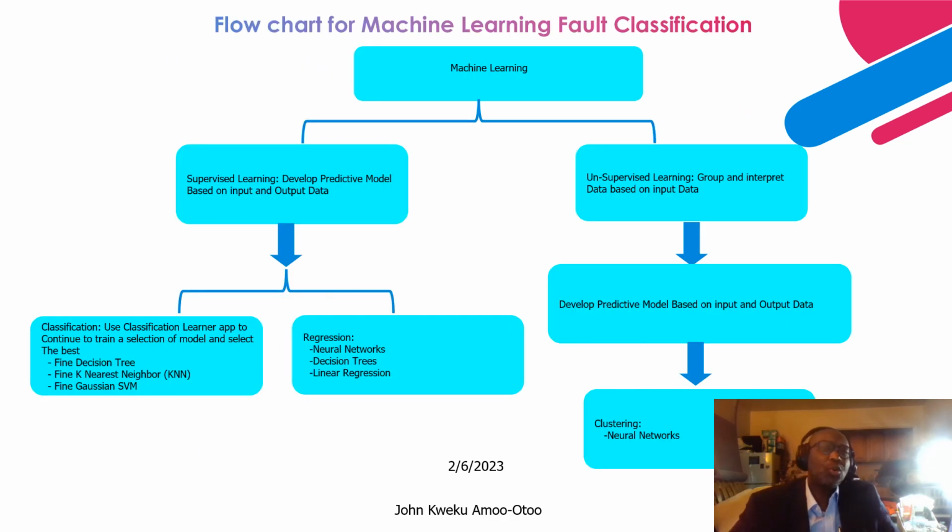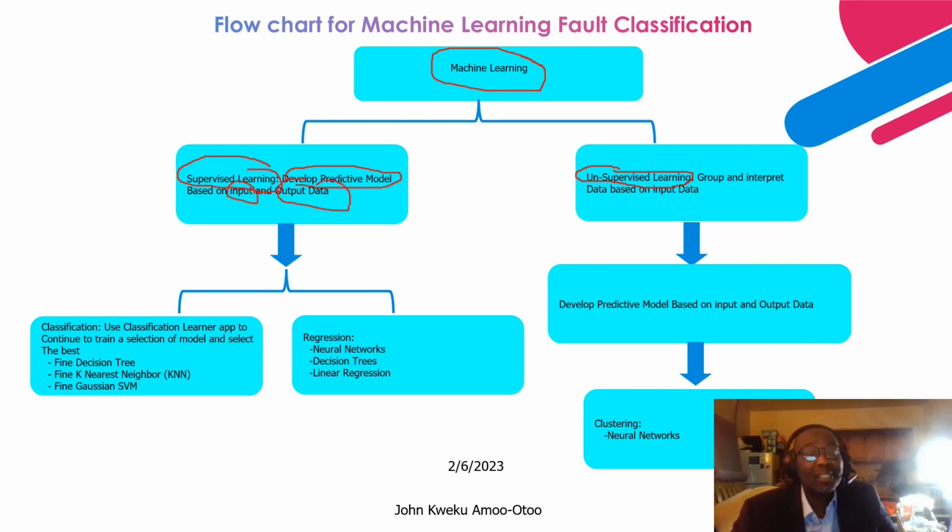Now, let's walk through a flowchart of machine learning for classification. If this is the machine learning algorithm, we have the supervised and unsupervised learning algorithms. With supervised learning, you have to develop the predictive model based on the input and the output.